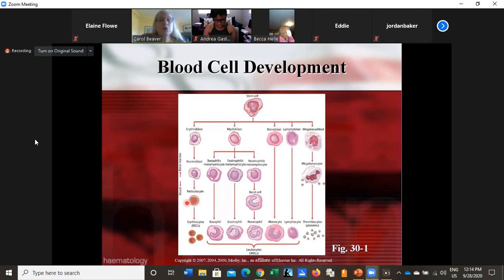So it takes about 2 days for, what is it called, the endoplasmic reticulum, but anyway, there are some structures in there that they get rid of over about 2 days, and then they are 100% functional red blood cells at that particular point.